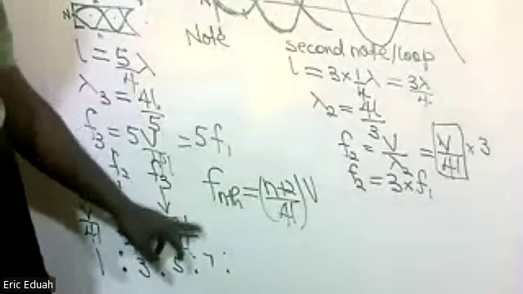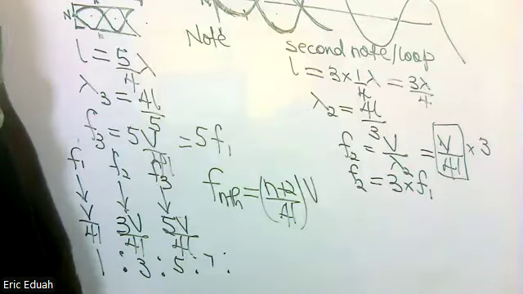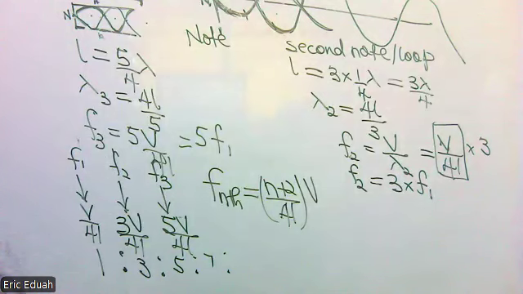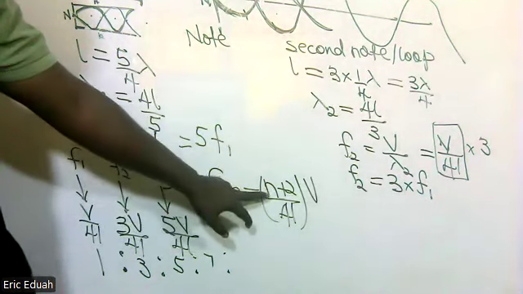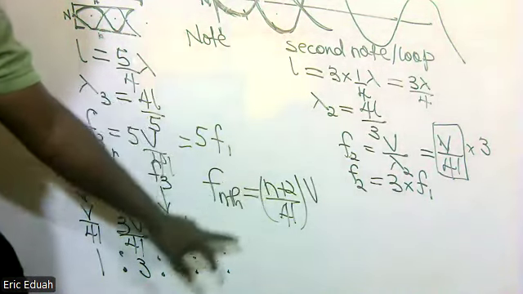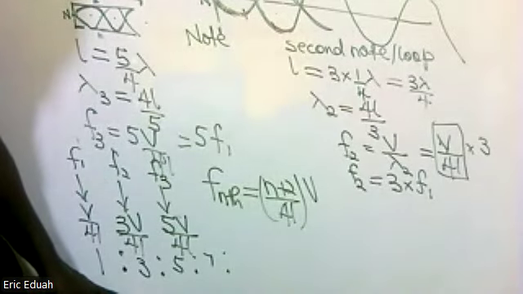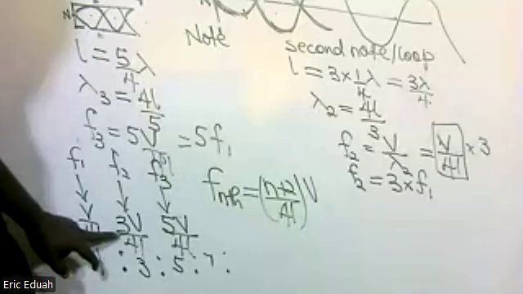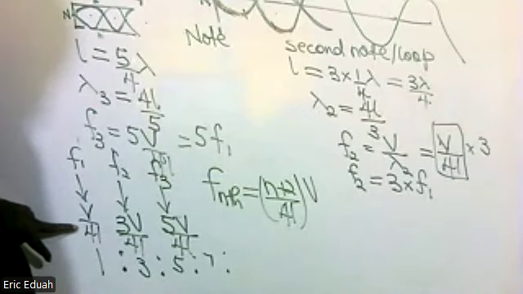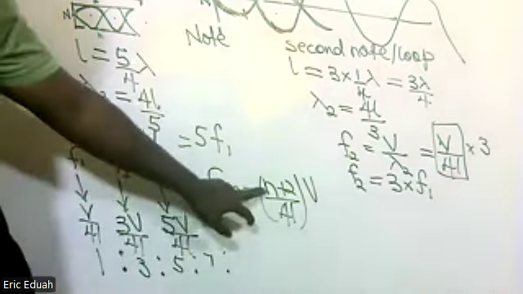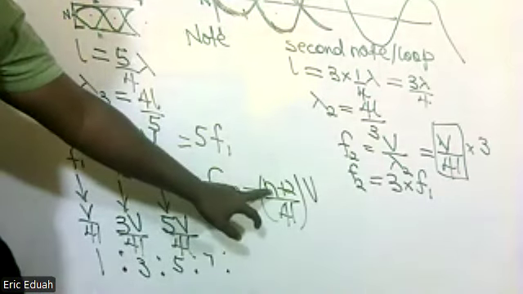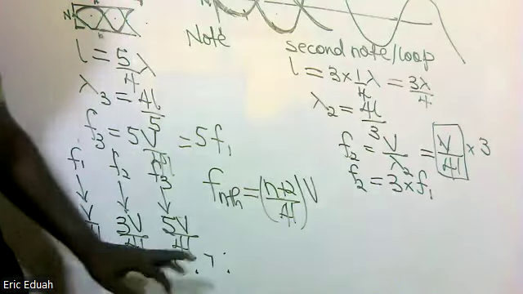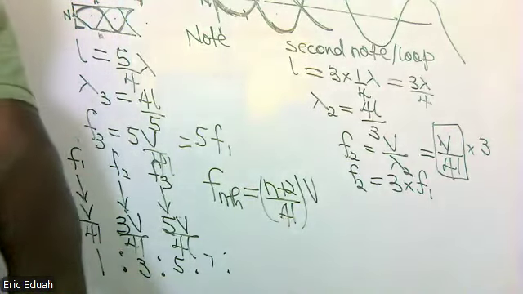If n is 1, we have 3 on 4L times V, which fits the second one. It doesn't fit the first one. If n is 2, we'll have V on L. It doesn't fit. So it means this one too will not work.